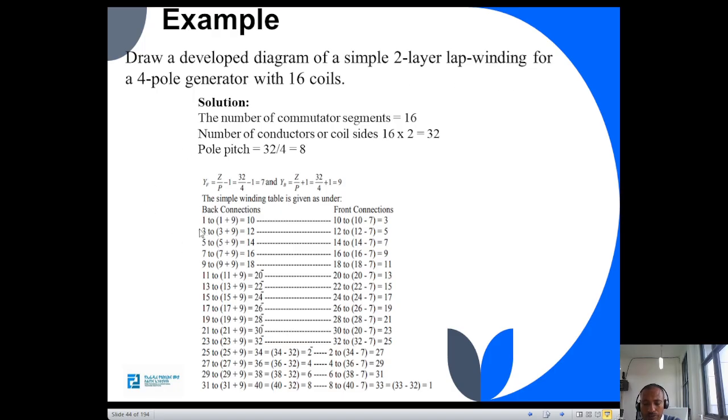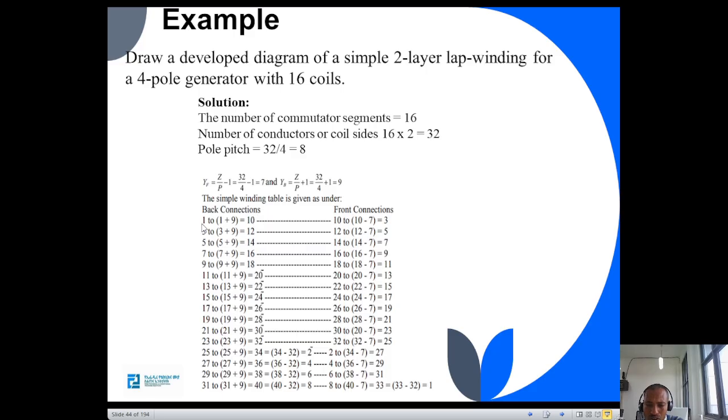So let us see where the coil sides are going to be placed. For example, if we start with coil side 1 at the back, or we can start from the front also, it doesn't matter. The next back is going to be connected to 1 plus the back pitch, which is 9. So 1 plus 9 is going to be 10.